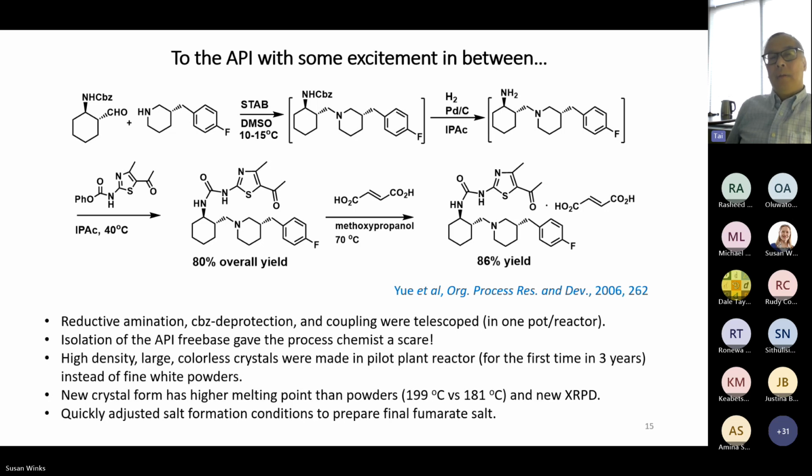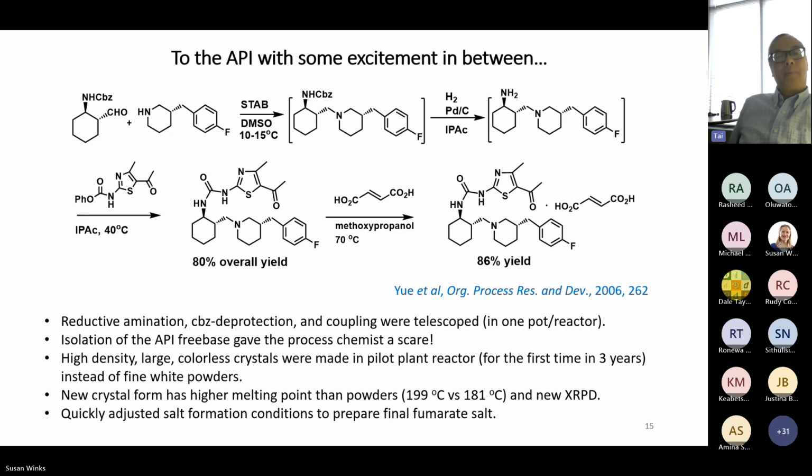In situ hydrogenation with palladium on carbon removes the Cbz group, and then the urea formation with the activated carbamate with the thiazole on it gives us the API free base in 80% overall yield in 3 steps in one reactor.